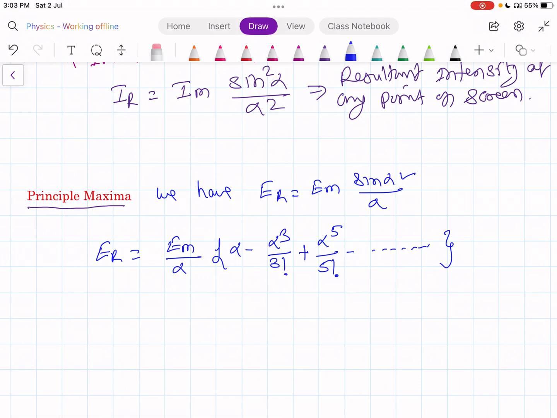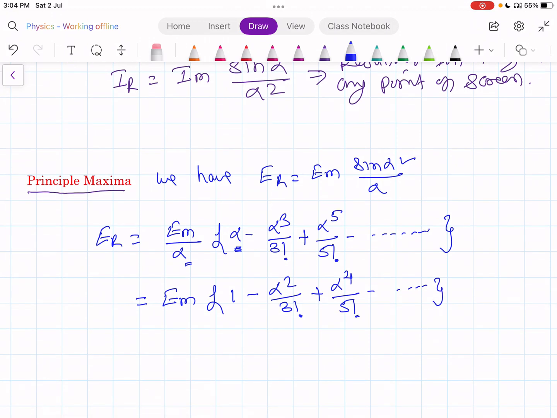I want to take alpha common here. That alpha will cancel with this alpha, and I will get Em into bracket 1 minus alpha square upon 3 factorial plus alpha raised to 4 upon 5 factorial minus and so on. And we know that at the point P naught we get the maxima.